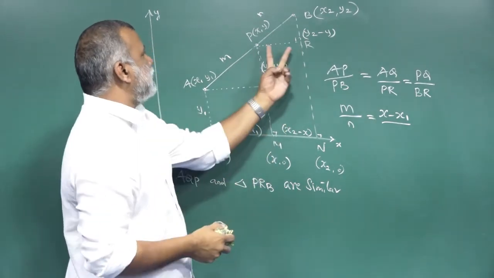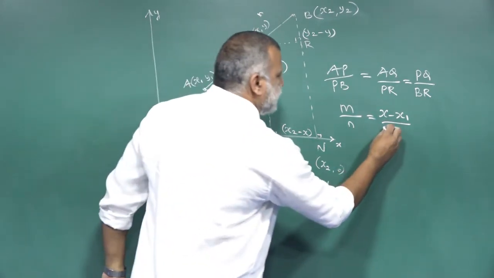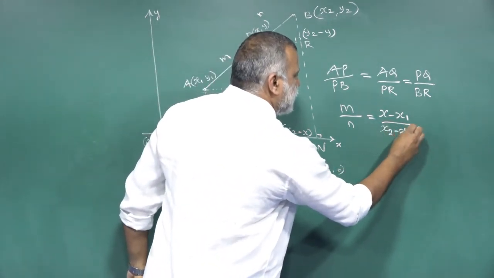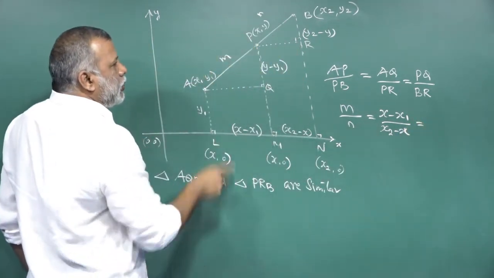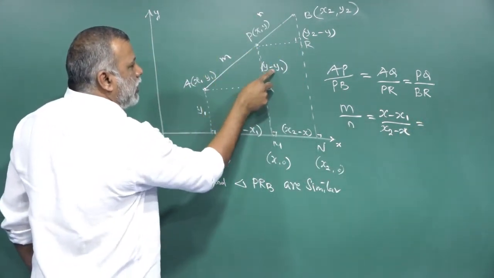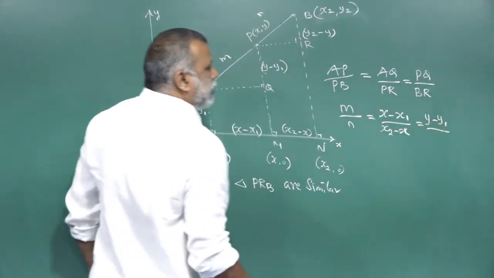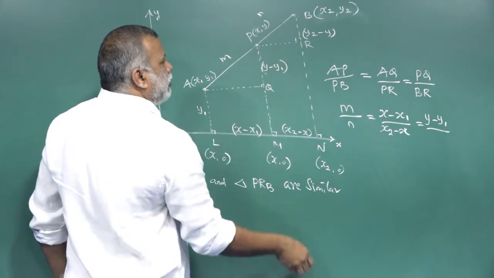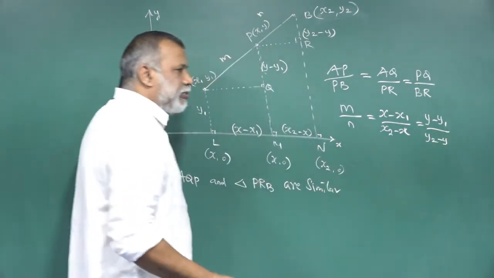Where is PR? This is the value PR, already we worked out x2 minus x. That is equal to PQ over BR. What is the value of PQ here? y minus y1, divided by BR. We already worked out BR: y2 minus y. Very simple logic.